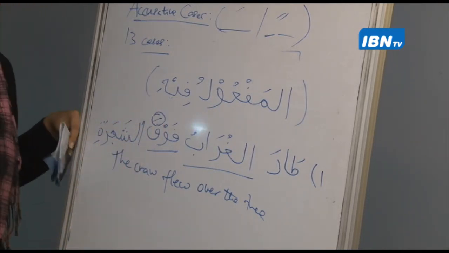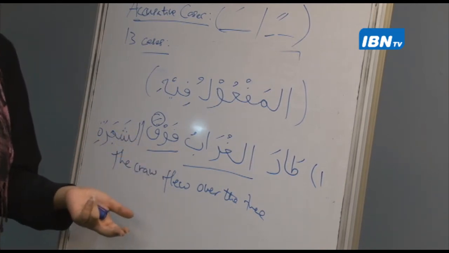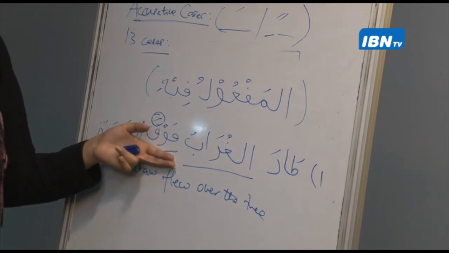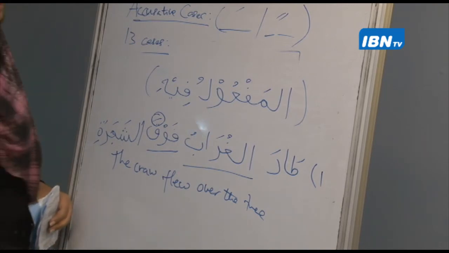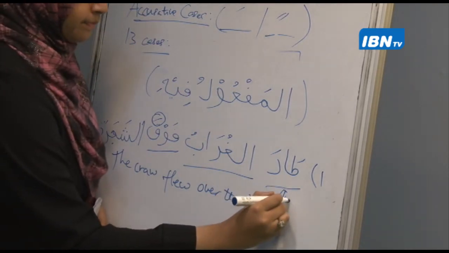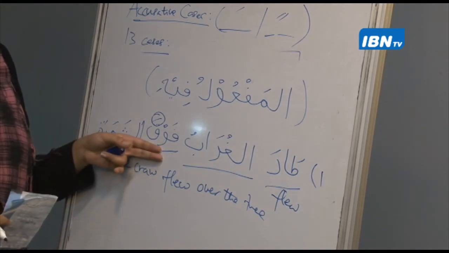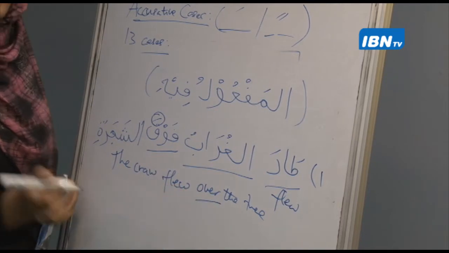Now, why is this a maf'ulu fihi? What has this preposition got to do with the fi'l? How is this connected to the action being done? What action is being done? Flew. What flew? The crow flew, right? So how is this connected? Because the crow flew over the tree.